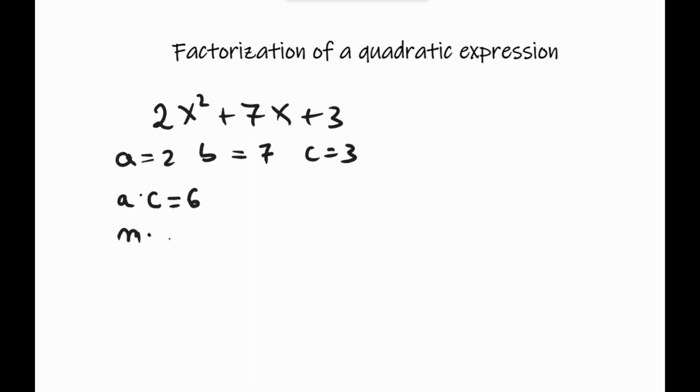We will search for two numbers whose product is 6 and their sum is the coefficient of the x term, 7. And we can easily find them because 6 can be written 1 times 6 and the sum of 1 and 6 is 7. Therefore, m is 1 and n is 6.